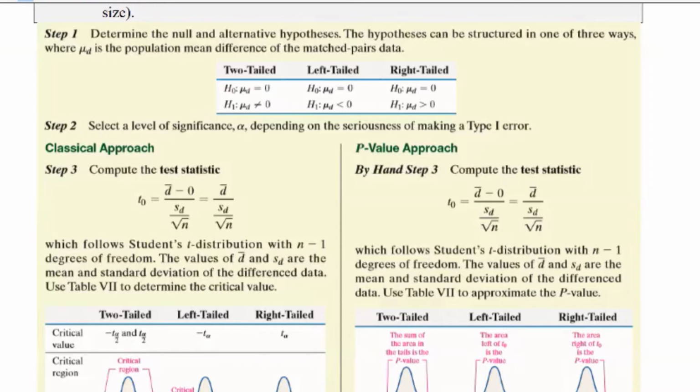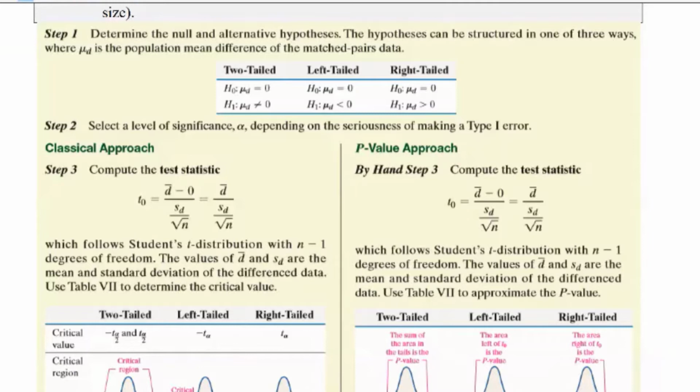And so the null is that the mean difference is 0, meaning no difference between the two matched pairs. And then we have one of three alternatives. One is a two-tailed, that the mean difference is different from 0. The other is a left-tailed, the mean difference is less than 0. And the third is a right-tailed, meaning the mean difference is greater than 0.